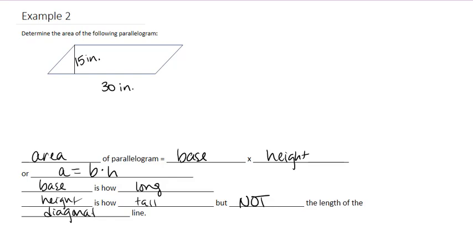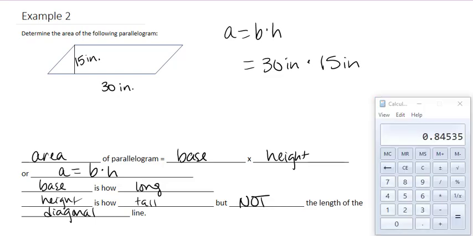So our formula is area equals the base times the height. So we multiply 30 inches times 15 inches to give us an answer. So 30 times 15 is equal to 450.